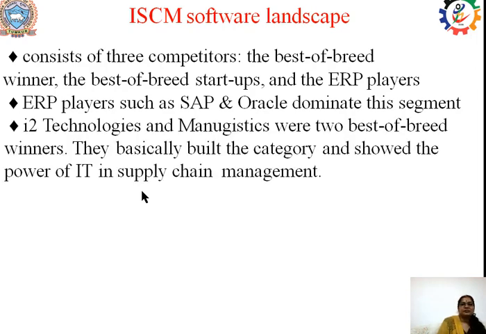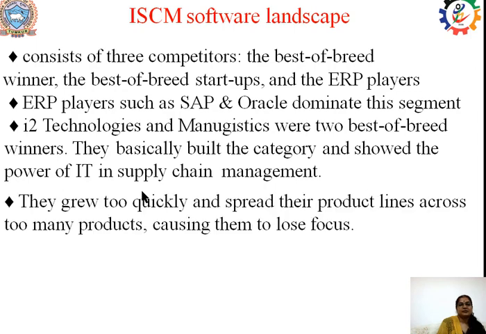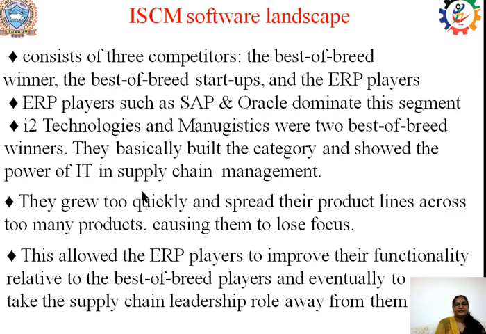Actually, best of breed winners were I2 Technologies and Manugistics, who built the category and showed the power of IT in supply chain management, but over a period of time, these ERP players found the gaps in their products, filled them, and were very successful in popularizing themselves. So they outshined the best of breed players.